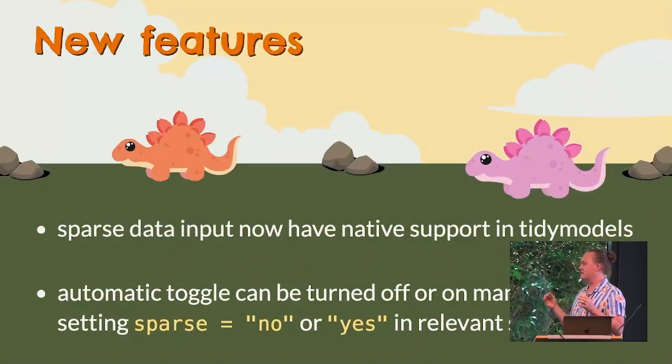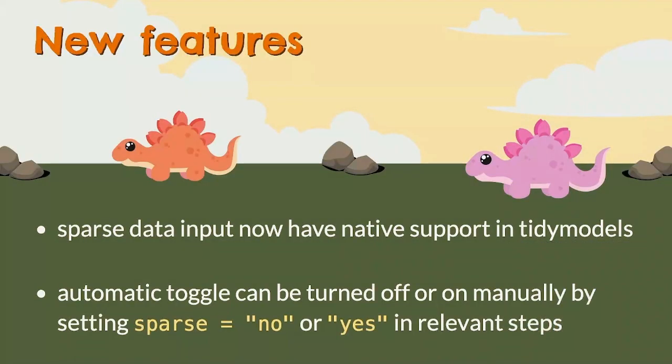So what it means for you, the user, is that we technically also have sparse data support as input. So if you have a sparse matrix, you can fit and predict on it without going through something else. It just natively supports it, turning it into a sparse tibble right as it comes in.